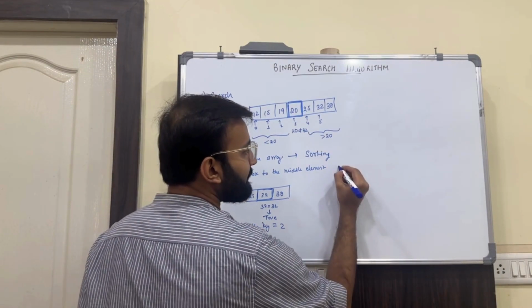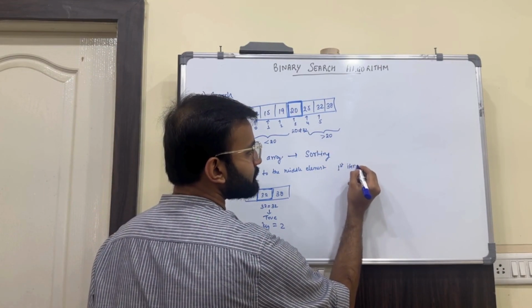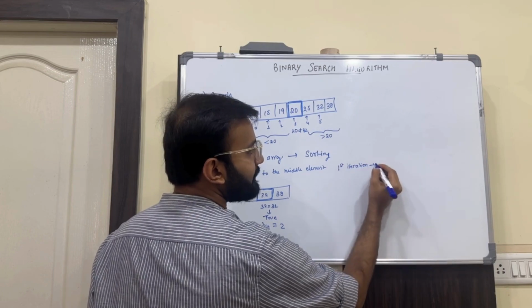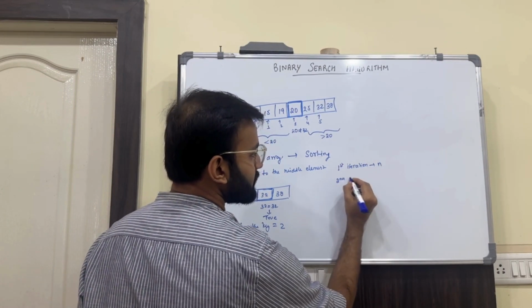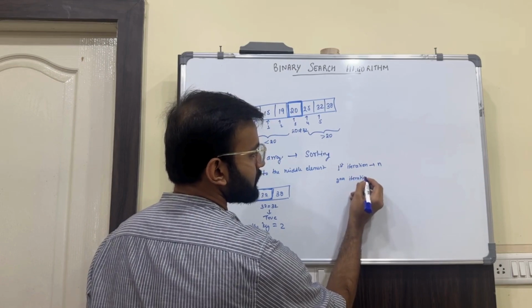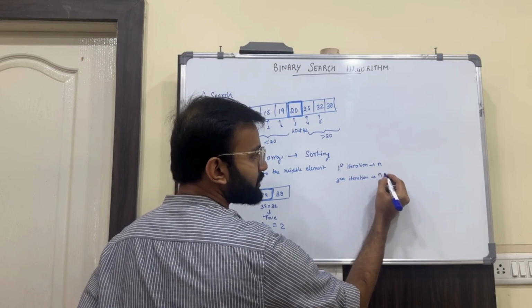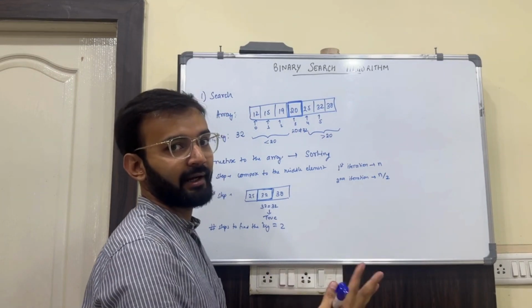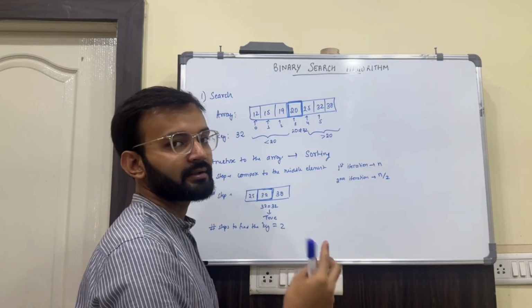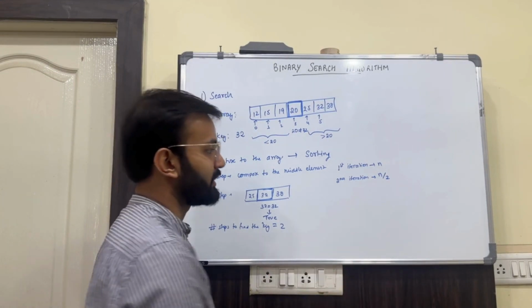In my first iteration, I have n elements in the array. In the second iteration, I reduce this size by half by discarding half of the data, by looking at the centermost element and comparing it to the key.